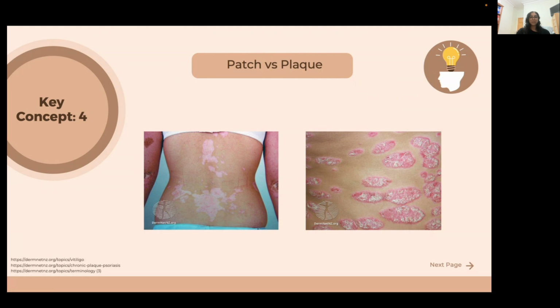Cool, yep, exactly. So a plaque is raised. So because it's raised, it means that when you brush your hand over it, you'll be able to feel it, it's palpable. Whereas a patch is not palpable. So if you close your eyes and run your hand over the lesion, you won't be able to feel it.